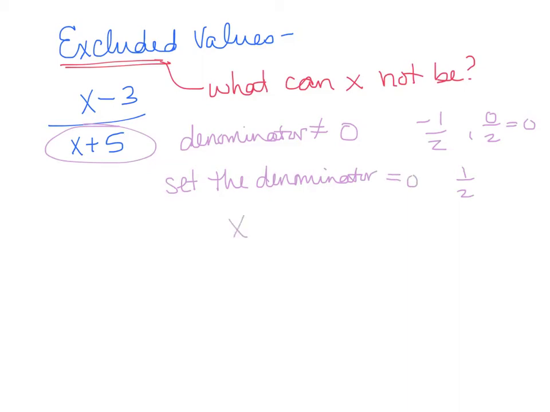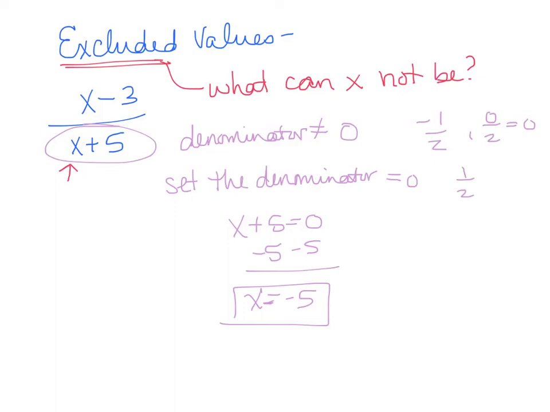So we have x plus 5 equals 0. Subtract 5 from both sides. x equals negative 5. That's the answer to what can x not be. x can't be negative 5, because if you plug a negative 5 in for x, you are going to get 0 on the bottom of a fraction, and you can't have 0 on the bottom of a fraction.